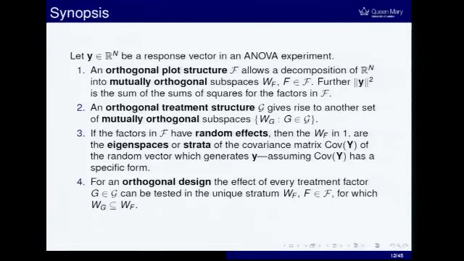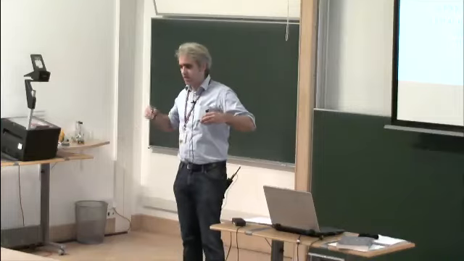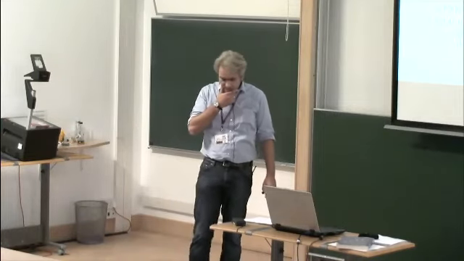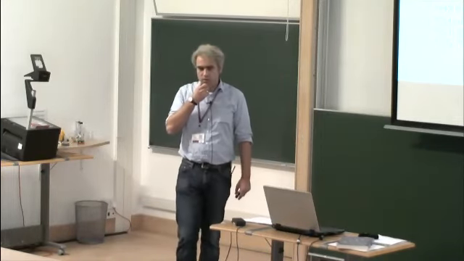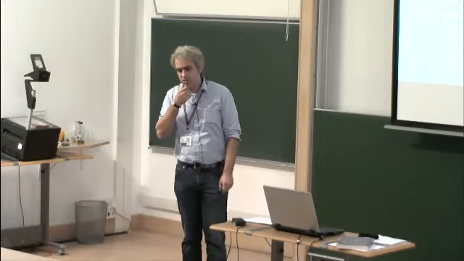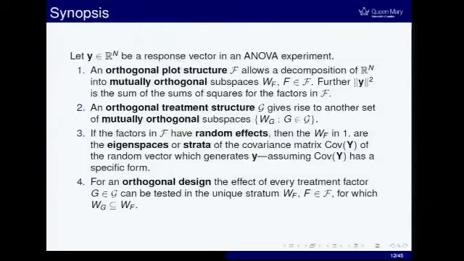And if we have an orthogonal plot structure as defined by Rosemary, which we denote here by this curly F, so that is a list of factors, this gives us the decomposition of the space in which our vector of observations lies, the n-space of vectors of real numbers, into mutually orthogonal vector spaces, where there is one vector space W_F associated with each factor in this orthogonal plot structure F. And also, if we look at the squared length of the response vector, because of this mutual orthogonality, that can also be written as a sum of sums of squares for the factors in our orthogonal plot structure.